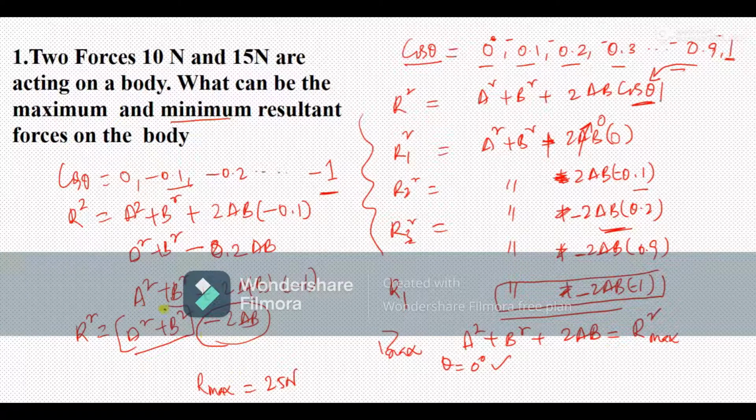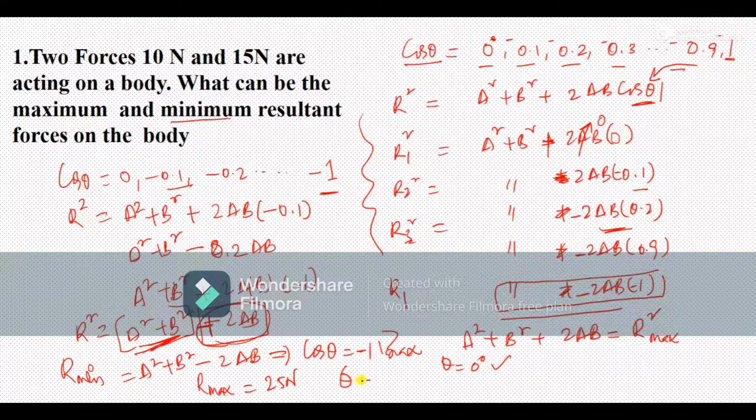In R maximum case we are adding 2AB, but in the case of R minimum we are subtracting it, that is A squared plus B squared minus 2AB. This happens only when cos theta is equal to minus 1, so this happens when theta is equal to 180 degrees.